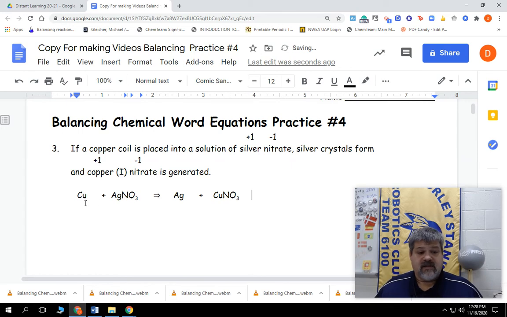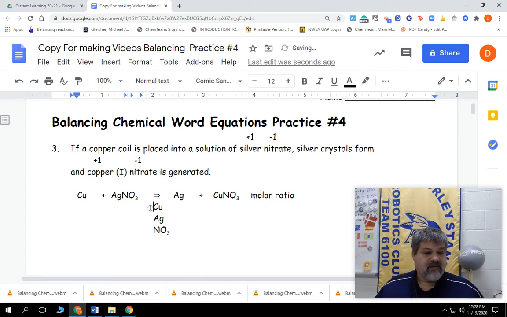So when we look across this, do I have to do anything? Actually, I don't, but for a class, we have to show our work. So we're going to figure out what we have on each side. We're going to start off with our copper, then we're going to put in our silver, Ag, then our nitrate, since we have it on both sides, so it's going to be NO3.